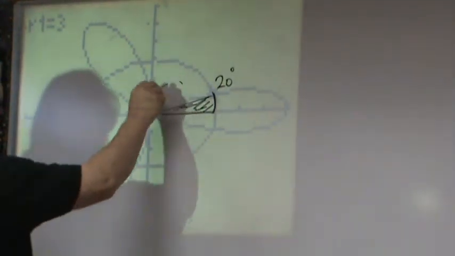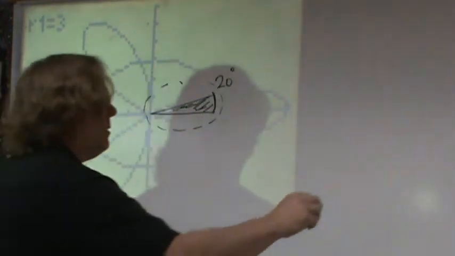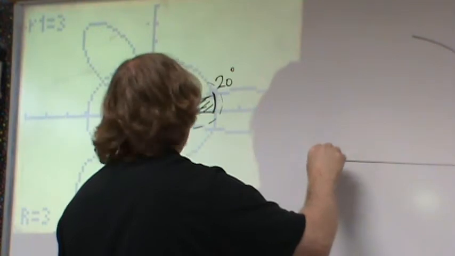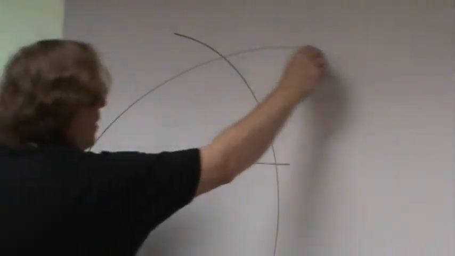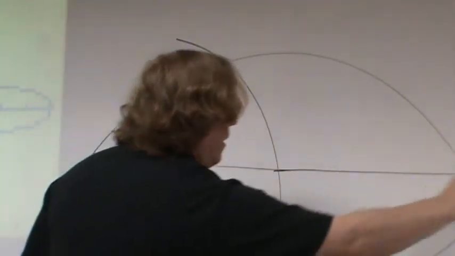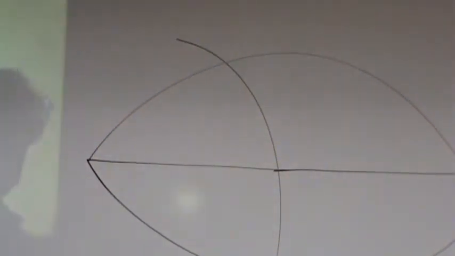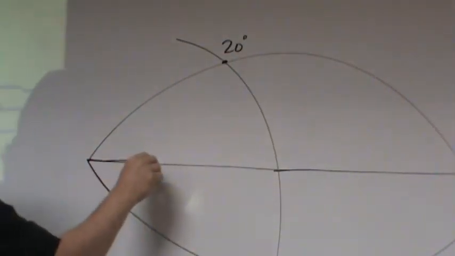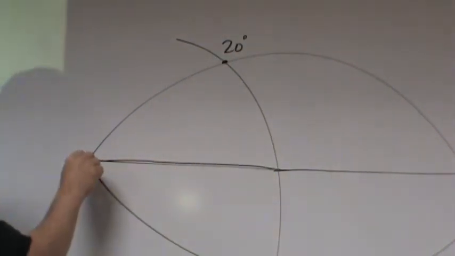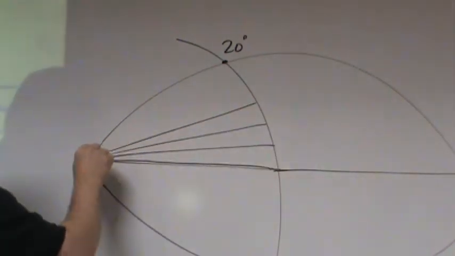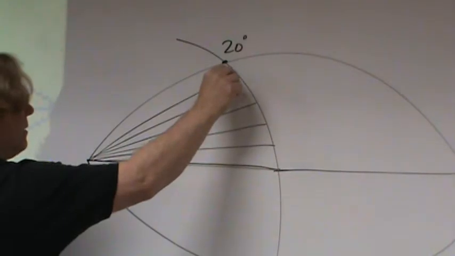But here's the problem. Let me blow this up. Here's what I'm getting. Right here is 20 degrees. And when I add the sectors for my circle, I'm getting these sectors all the way to 20.